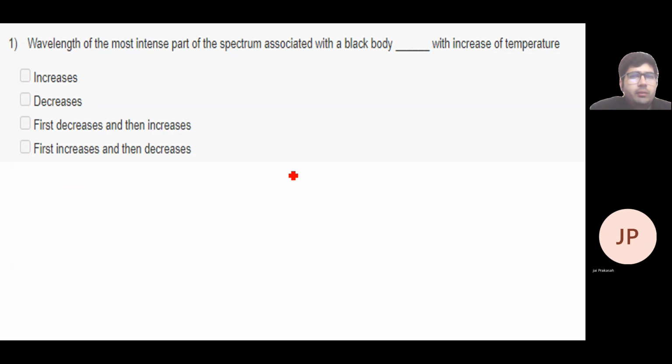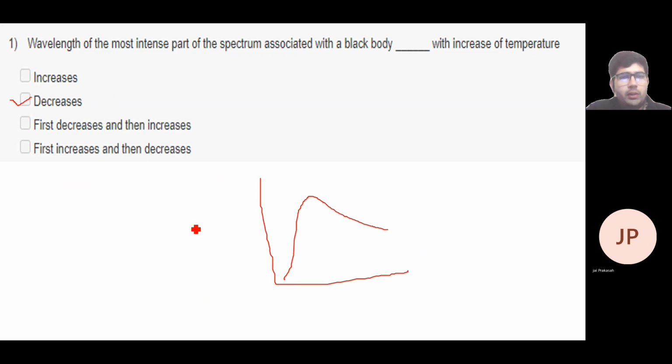So the correct answer is that the wavelength of the most intense part of the spectrum associated with the black body decreases with increase of temperature, because we have seen the graph of radiance intensity against wavelength for black body temperatures.